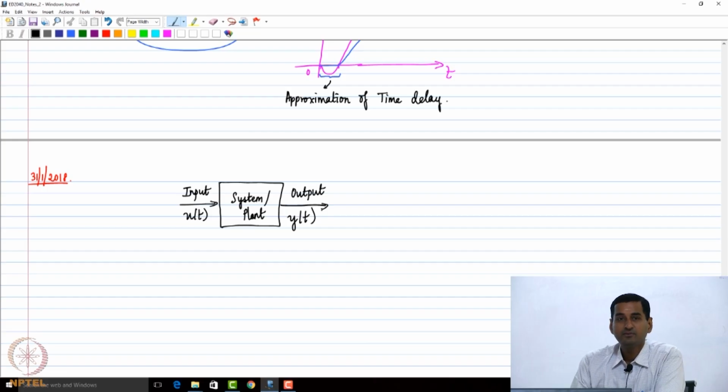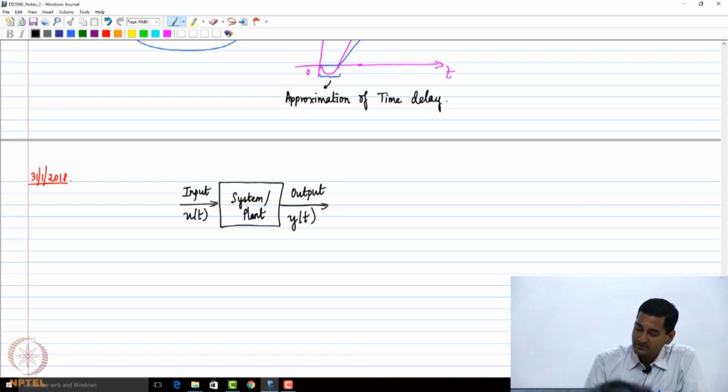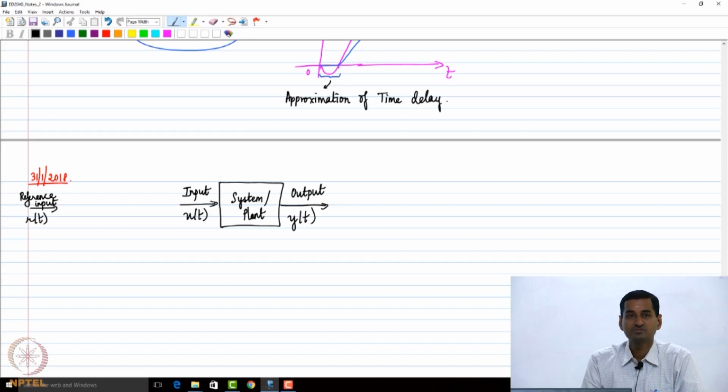Let us say I want to regulate the output of the system to a desired value, for example, the temperature of air in this room. So we give what is called a reference input. The reference input tells us the desired value of y(t).